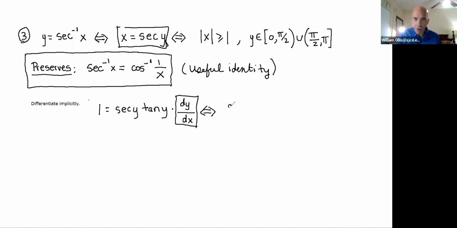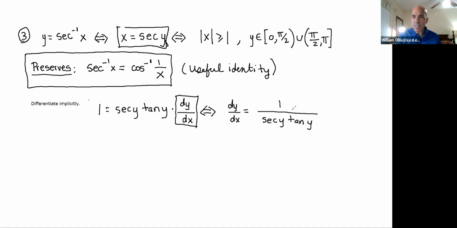So now dy dx, we'll have to do a little bit more work, but not much, will now equal 1 divided by secant y times tangent y. Now, what we can notice here is the secant y is just x. We see that right there, so we're done with that.